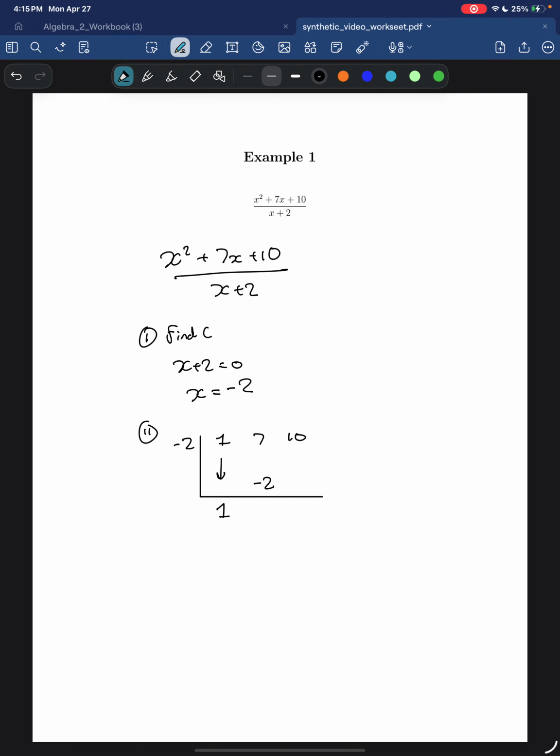Then 7 plus negative 2 is going to be 5. 5 times negative 2 is negative 10. That's going to be 0. And our answer here, we interpreted this as x plus 5. This was our answer, x plus 5.